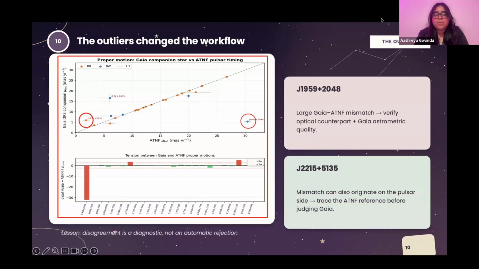That is an ongoing analysis, but I have been able to ascertain that it was a problem on the Gaia part. And then for J2215, the mismatch actually came from the pulsar side. So I need to trace the ATNF reference before I can conclude, okay, maybe it might actually be Gaia's fault and not ATNF. But for the most part, it seems like it's an ATNF problem.